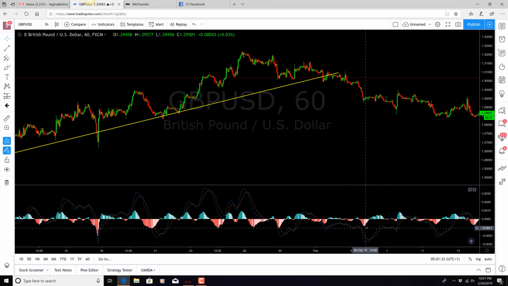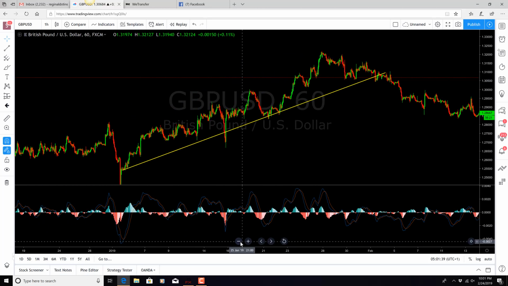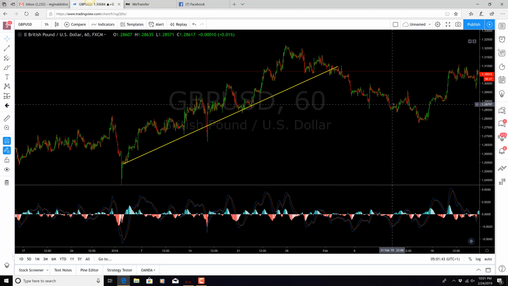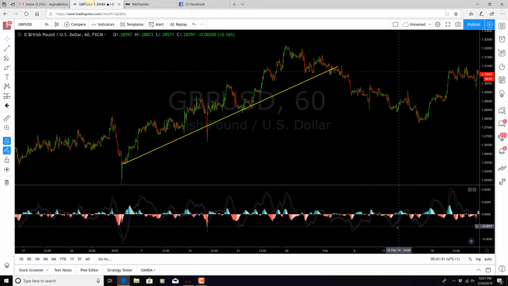As long as it's below, the market is in a downtrend. If I zoom out here, you notice the market is going lower and the MACD lines are pretty much hanging below, all the way down until it comes up and comes down strongly again.